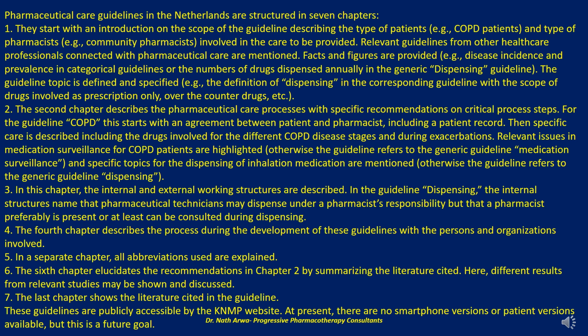Relevant issues in medication surveillance for chronic obstructive pulmonary disease patients are highlighted. Otherwise, the guideline refers to the generic guideline, medication surveillance, and specific topics for the dispensing of inhalation medication are mentioned. Otherwise, the guideline refers to the generic guideline, dispensing.